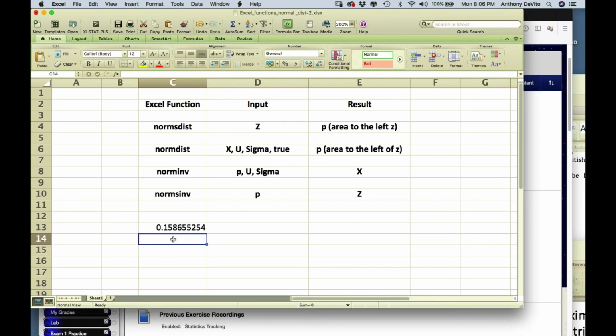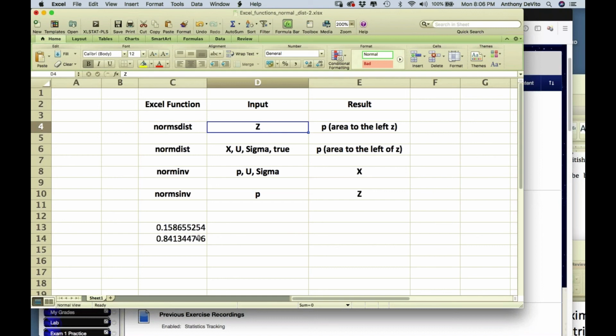How about a z-score of +1? Equals NORM.S.DIST, parentheses, +1. What's going to be 16% on that side? It's going to be more like 84%, and indeed, it's about 84%. So with NORM.S.DIST you put in the z-score and it gives you the result that you would get from that table.